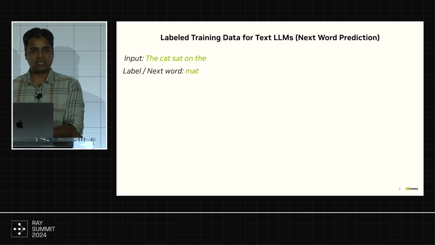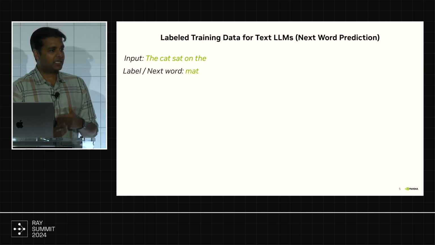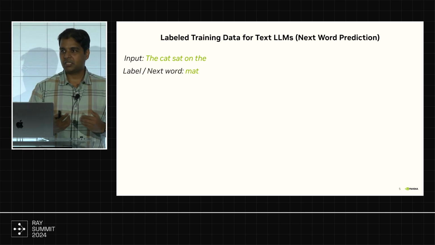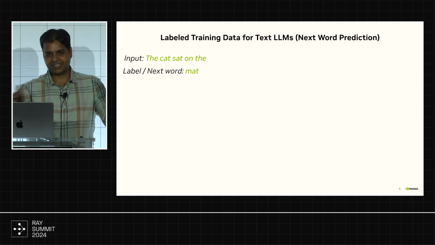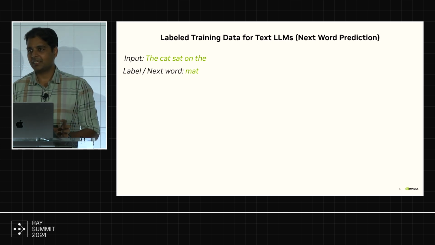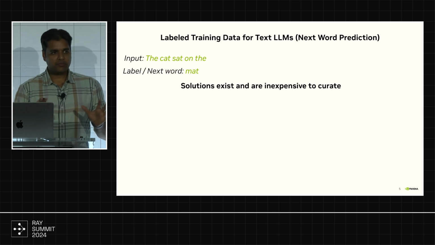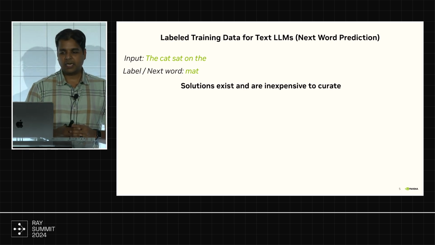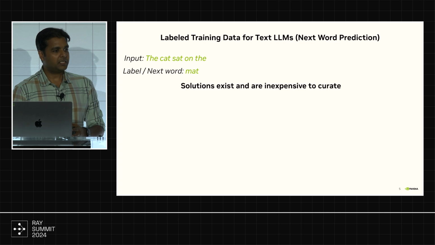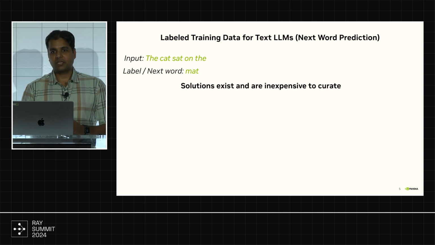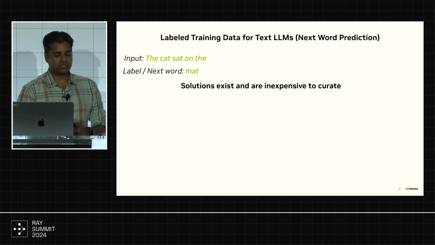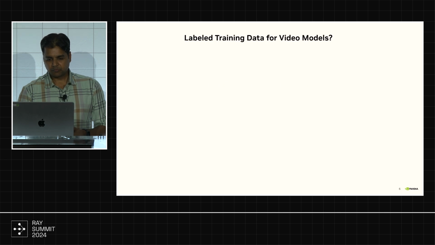You just predict the next word. So curating training data for text is relatively straightforward for LLMs. You read the sentence and the next word that you read is essentially the label data for that input, right? There are a lot of solutions that exist for text data, and it's relatively inexpensive to curate because you can just do that on CPU machines. You don't need a large farm of GPUs.